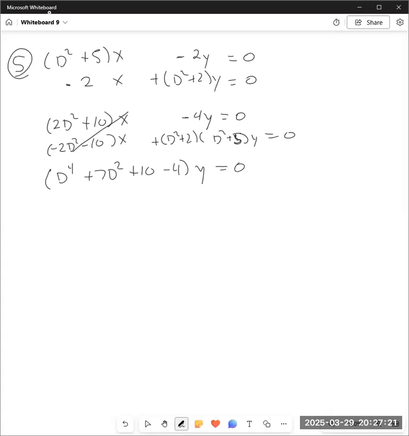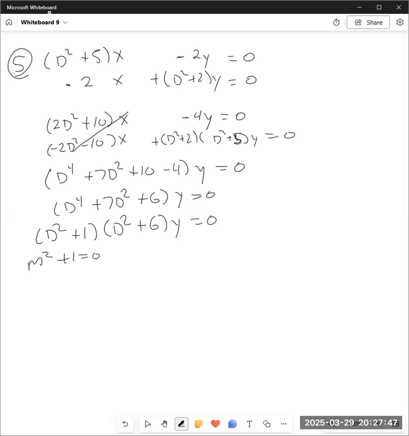So (D⁴ + 7D² + 6)y equals 0, making this (D² + 1)(D² + 6)y equals 0.